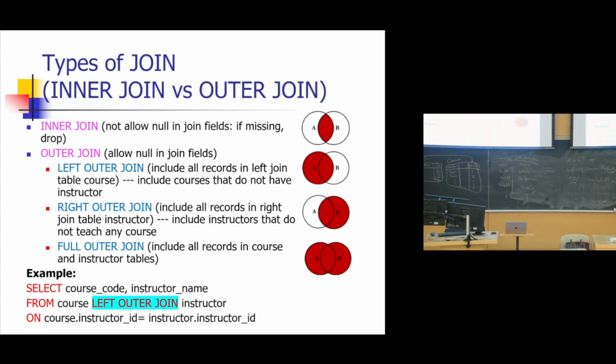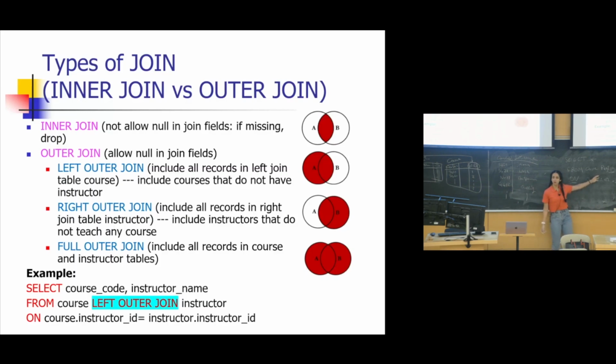Exactly. All the instructors, even if the course value for those instructors is null. That is Mona, Godfrey, Dr. Yuan, right? All these three instructors, even though Dr. Yuan is not teaching any courses, right?